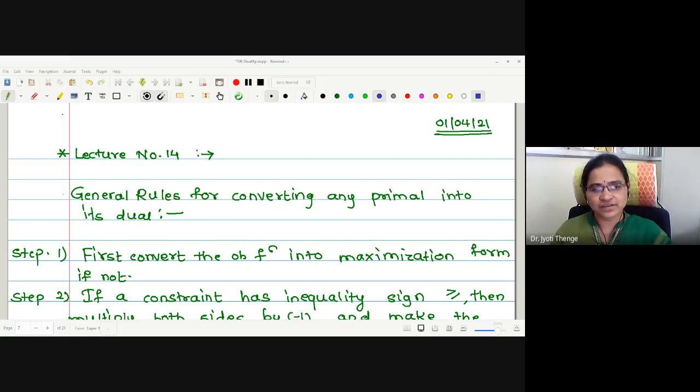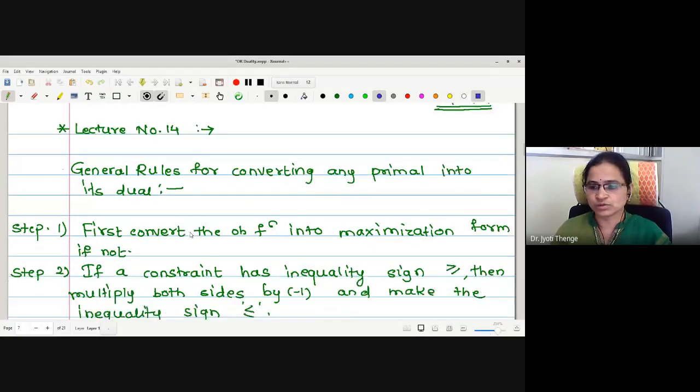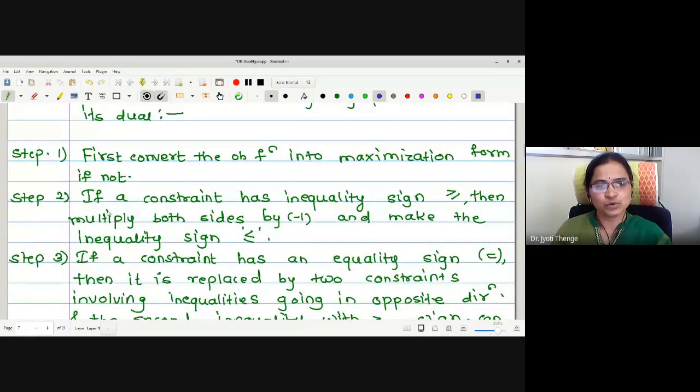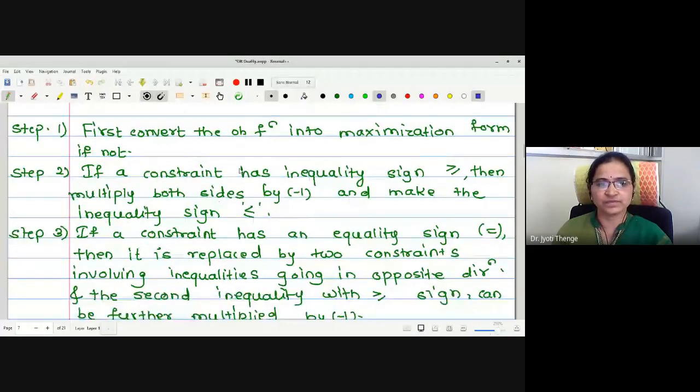In the last lecture, we started studying how to find the primal-dual problem of a given primal. We have studied some rules of finding a dual from its primal. Let us just recall the rules. First, we convert the objective function to maxima if not.